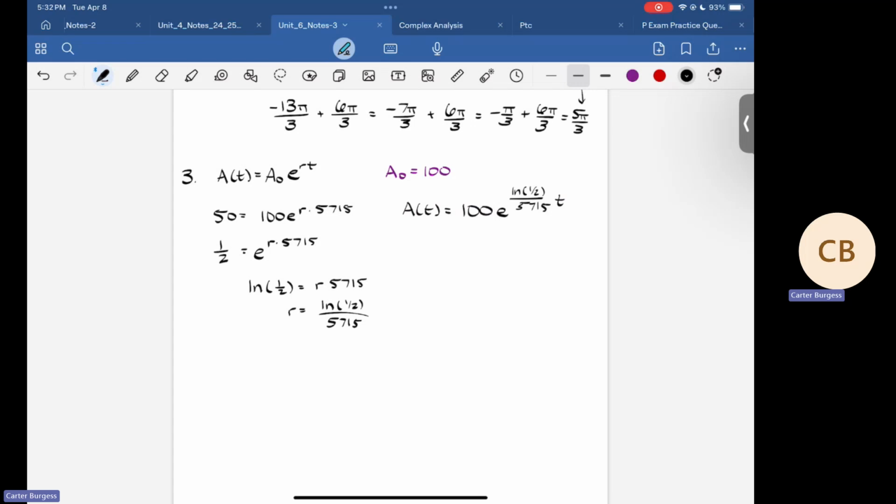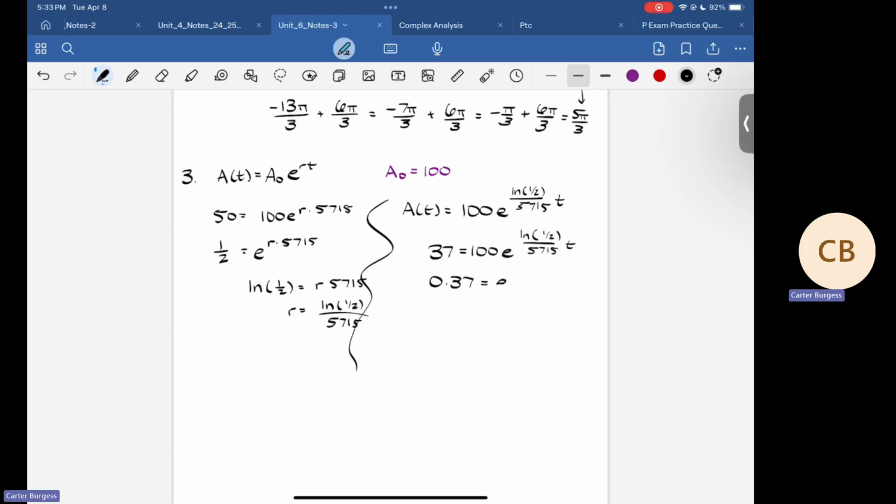In this case, we're solving for t, specifically when we have 37% of the amount left behind. If we start at 100, that means we will have 37 left behind. See how convenient it is to pick 100. I get 0.37 is equal to e to the ln of 1/2 over 5715 times t.